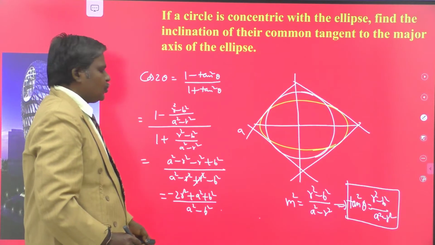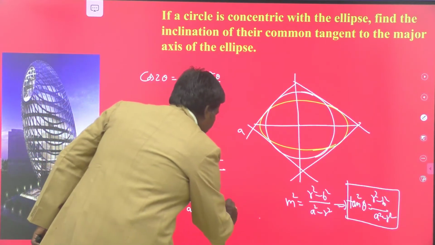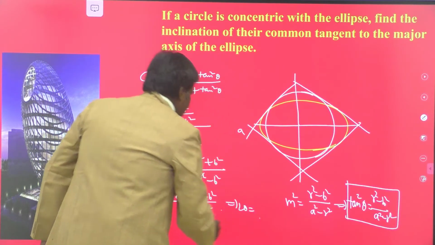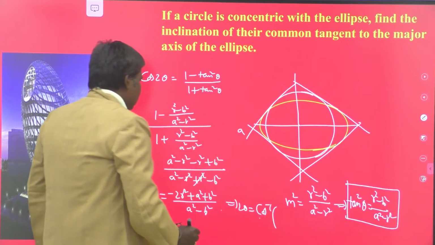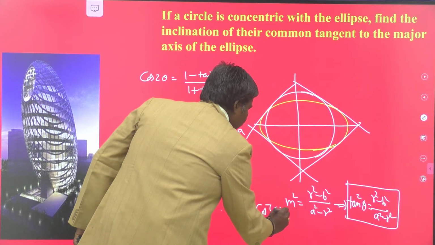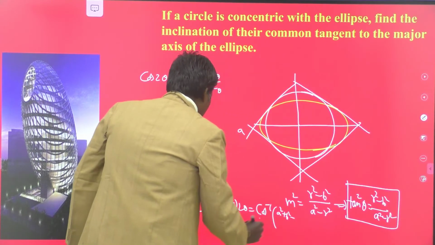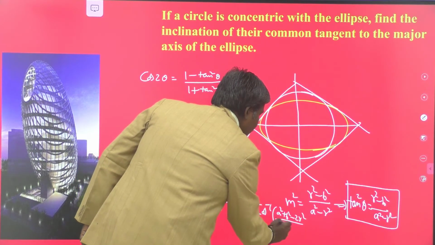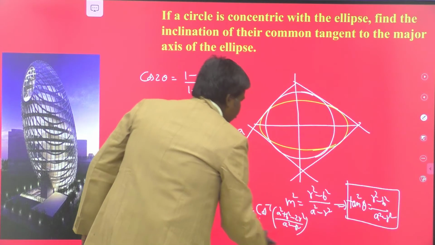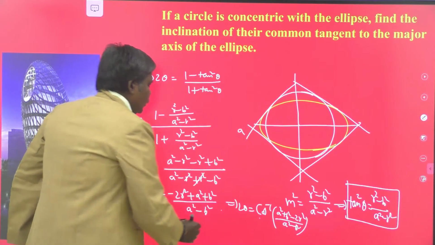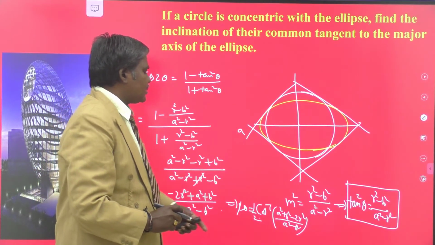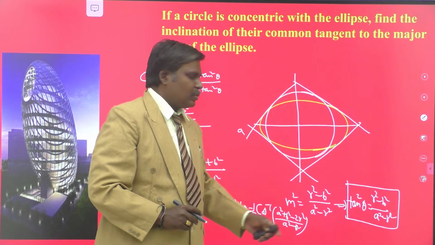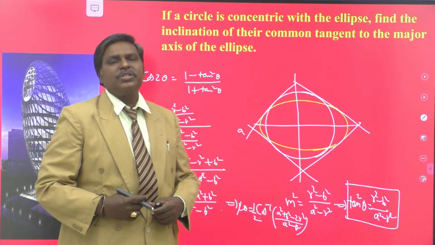This is cos 2 theta. What about 2 theta? 2 theta is equal to cos inverse of (a square plus b square minus 2r square) by (a square minus b square). Am I correct or not? Hence, you can write theta equal to 1 by 2 times cos inverse of (a square plus b square minus 2r square) by (a square minus b square), my dears.